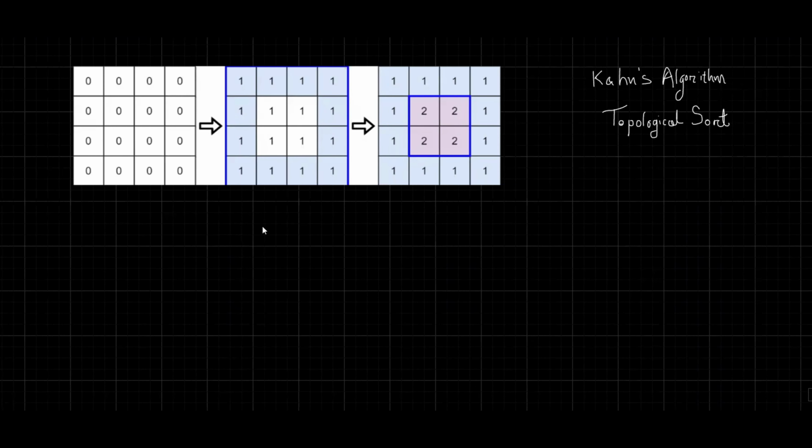In this problem, to understand the algorithm, we have taken the same example. Now the question is, how can we solve this problem? Basically, let's think in a reverse way. Suppose this is our given matrix and we have this inner 2 by 2 grid where each element is 2.